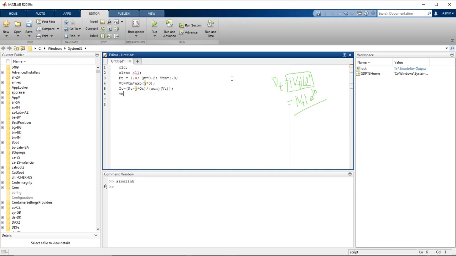Next, we calculated VB. VB was VT phasor minus J into XT into IT. Now the problem is that we don't know XT, so let's assume some value of XT for the time being. Let's say it is 0.25 per unit. So this is our VB.